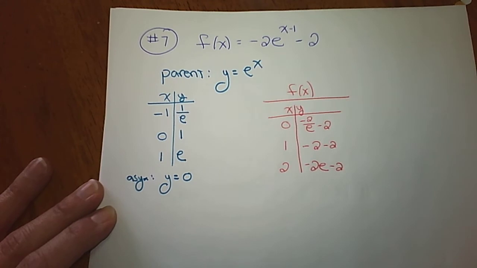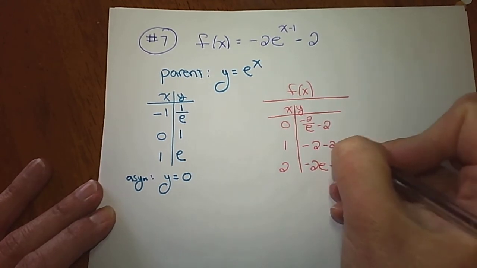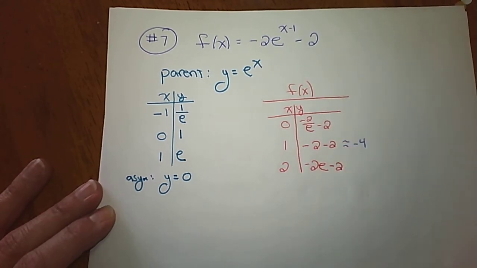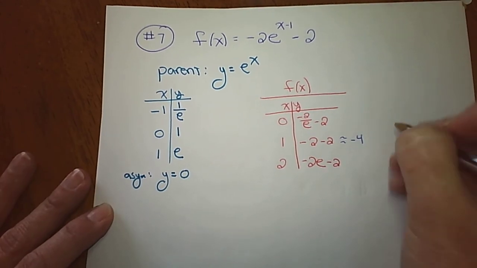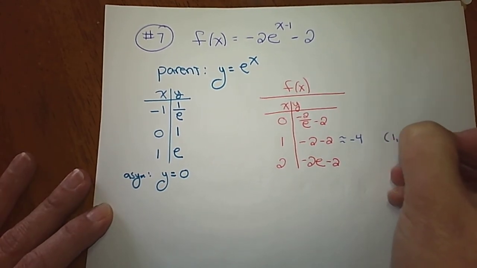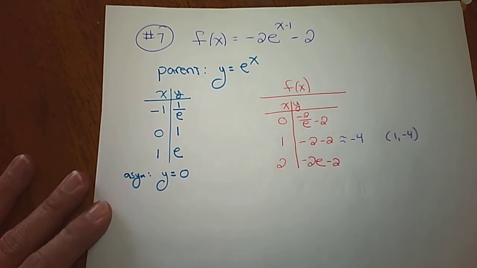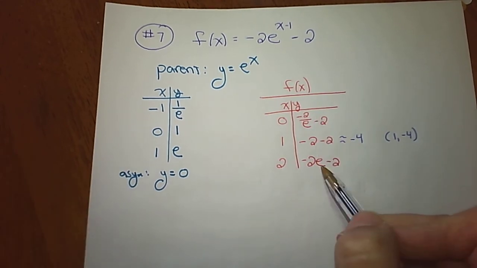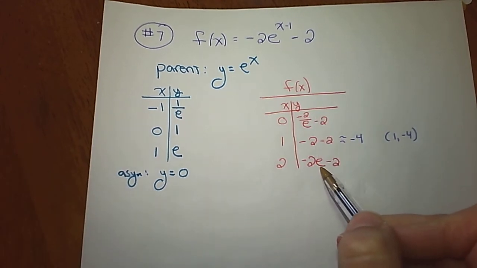What I'm going to do next is put approximately what they're worth. This one's easy. That's going to be negative 4, so I'm going to plot the point 1, negative 4 for that one. Now these guys are going to be approximates. e is approximately 2.7, or even if you want to think about it as 3.